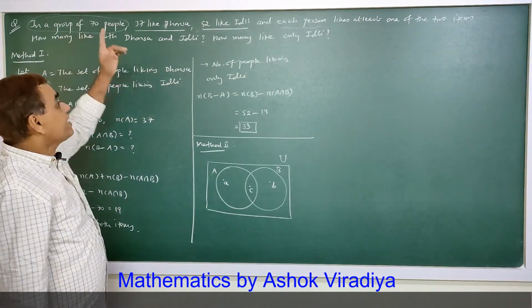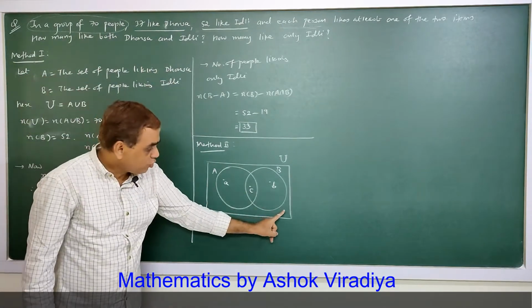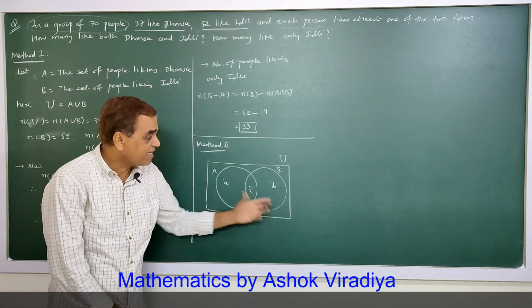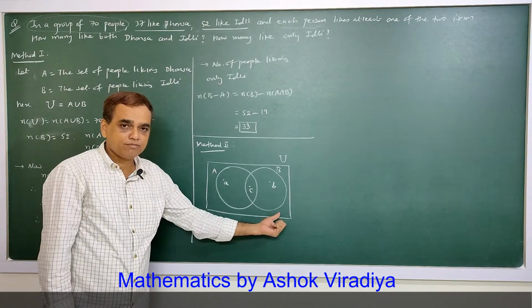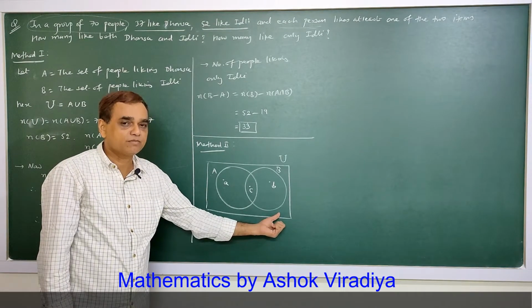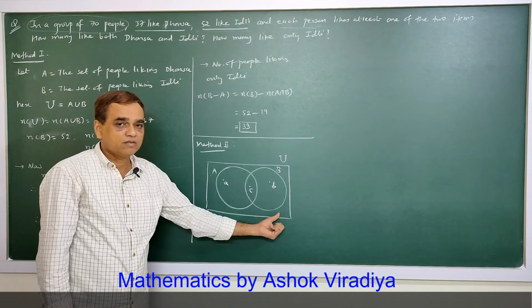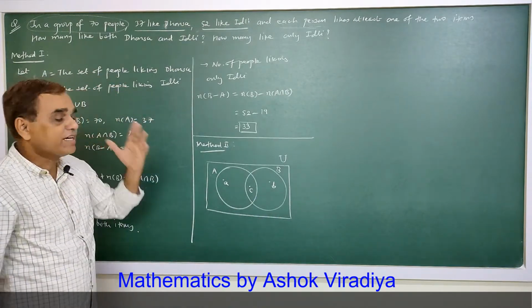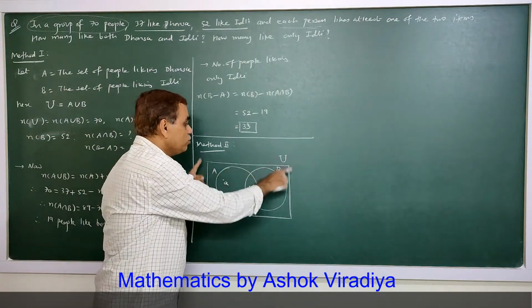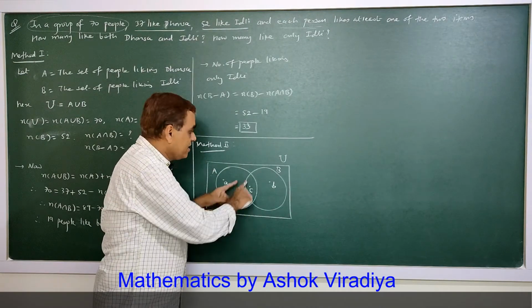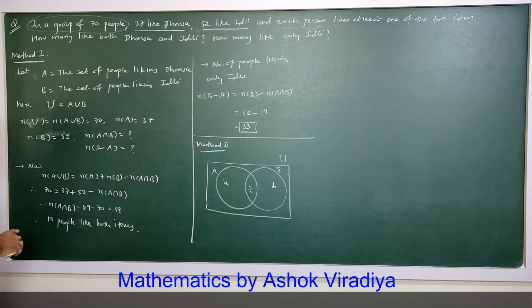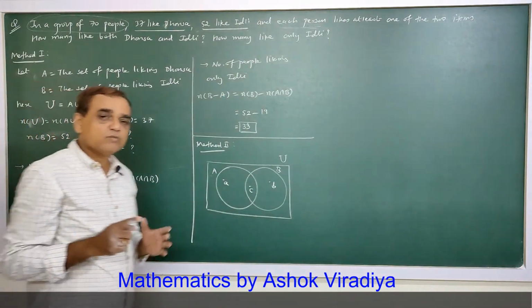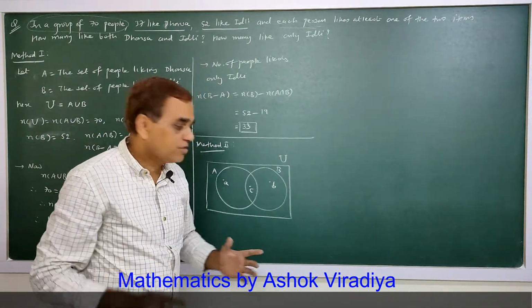All the people like at least one item, so don't put anything outside A and B. So all 70 people like at least one item, and all the elements in U are in A union B, as discussed here. There is no one who doesn't like anything, so don't put D here.